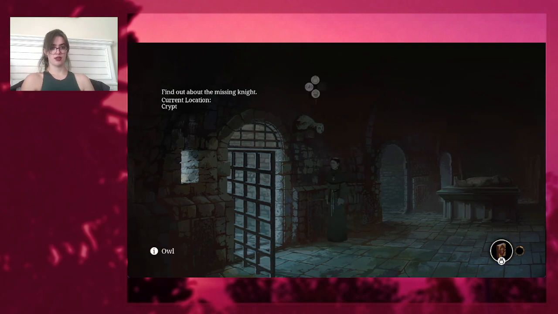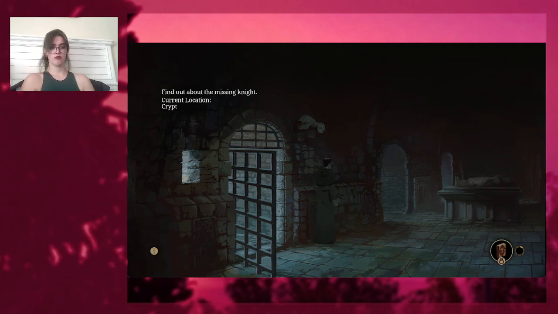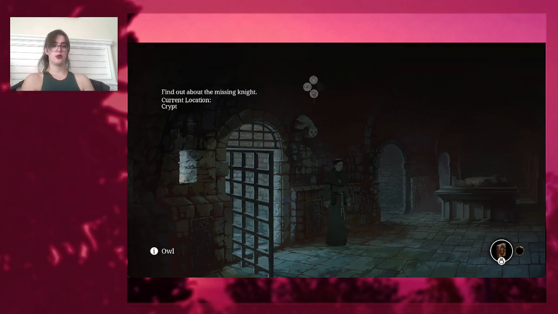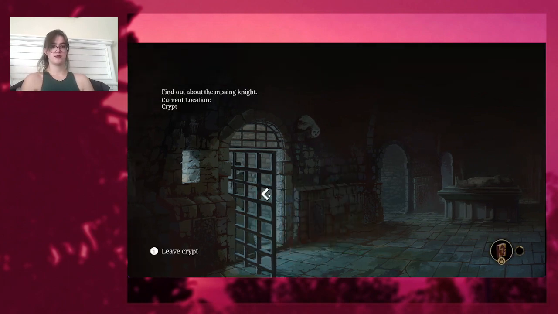I gotta do something about this owl, man. I will contemplate this later. Contemplating later, okay. Nope. The owl despises us. Well, it's not preventing us from leaving, so I guess we'll go.